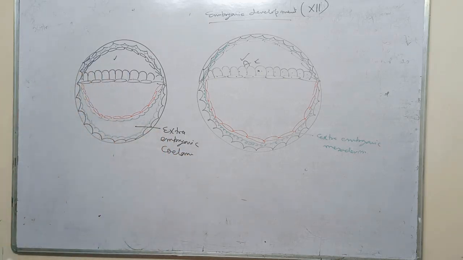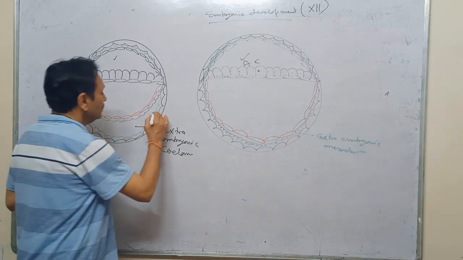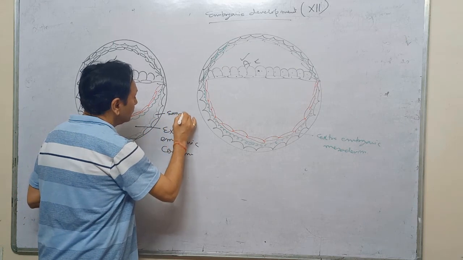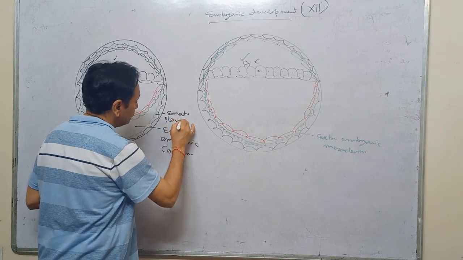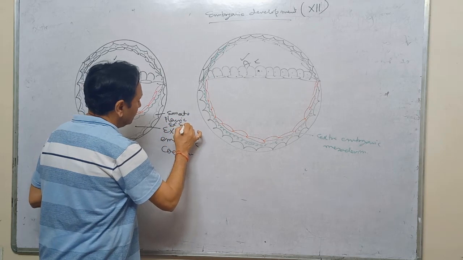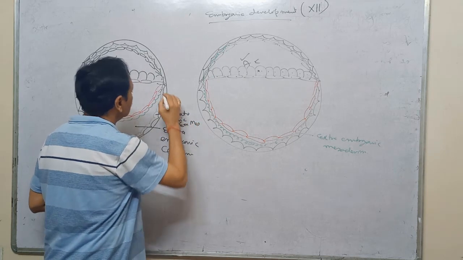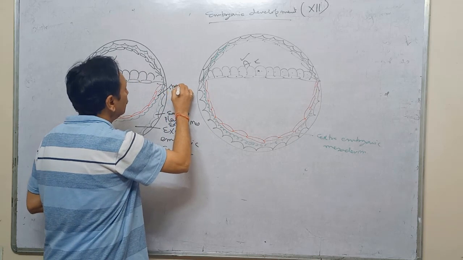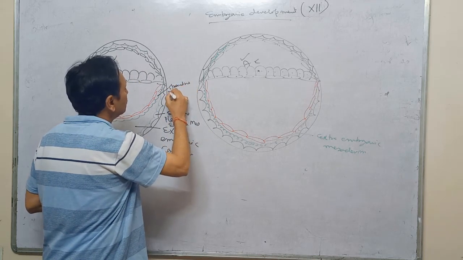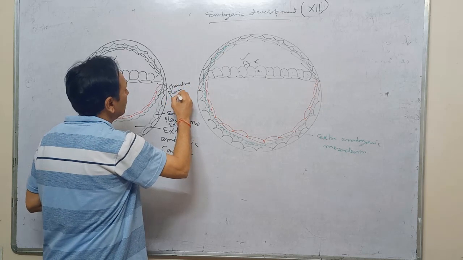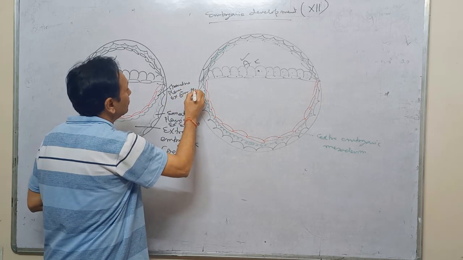The outer extra embryonic mesodermal part is called somatopleuric extra embryonic mesoderm, and the internal mesoderm is called splanchnopleuric extra embryonic mesoderm.